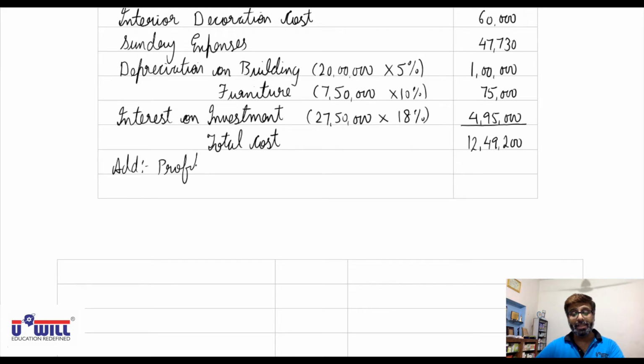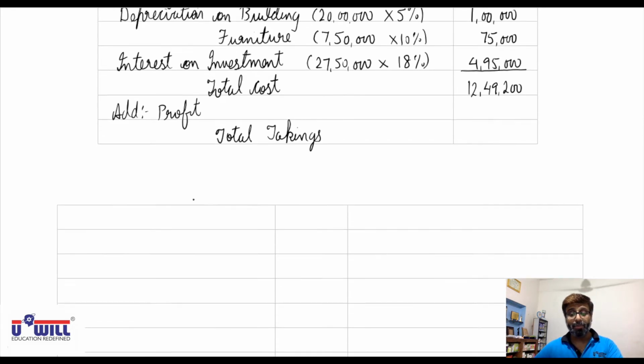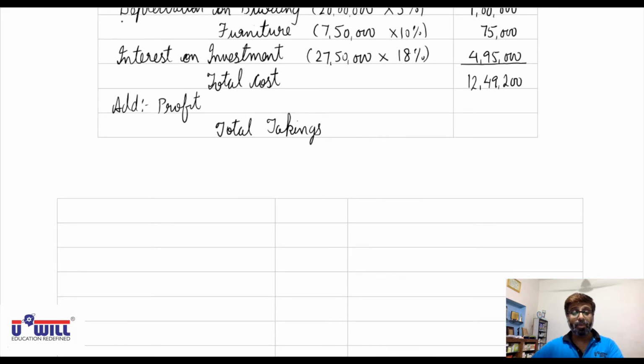And then what we will get is total takings, which is like sales. So to find the profit, we'll go reverse. This would be our working note 3. Two workings are already done in the beginning, occupancy and wages. So now working note 3.